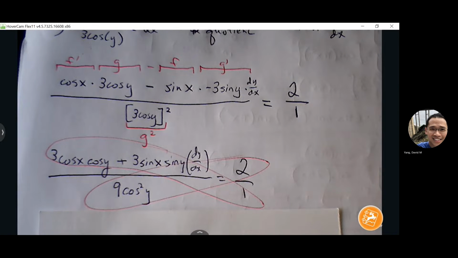So 3 cosine x cosine y, I made negative 1 times negative 3 a positive 3, 3 sine x sine y dy dx. There's only one dy dx term, so that makes it easy. Once I cross multiply, I can just get that 3 sine x sine y dy dx by itself and divide that over to the right side.